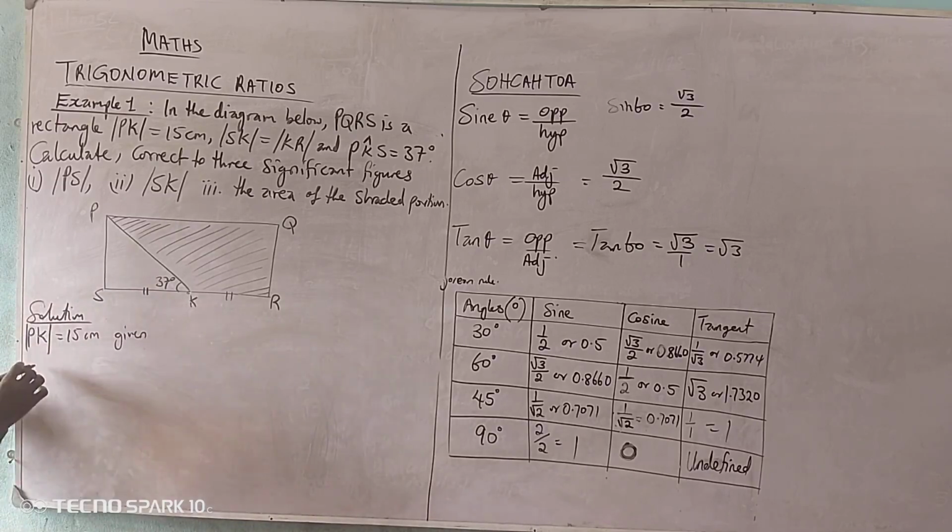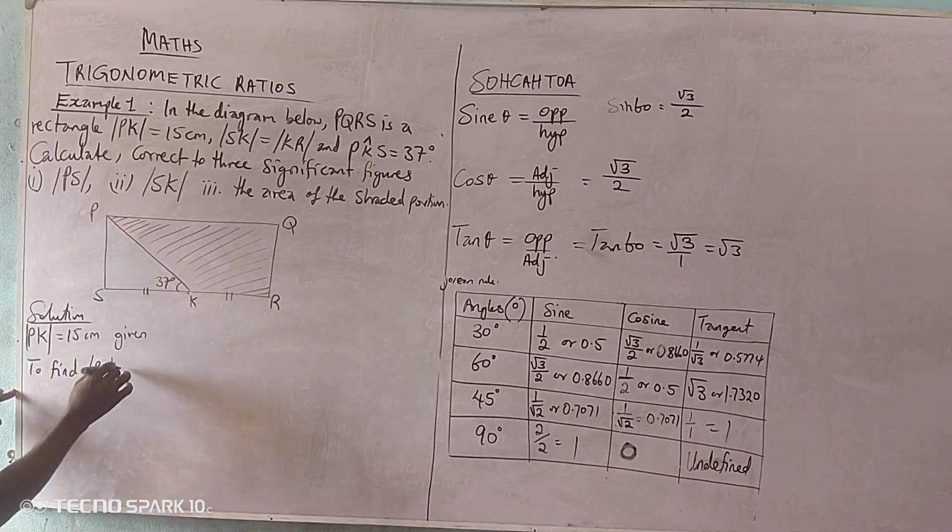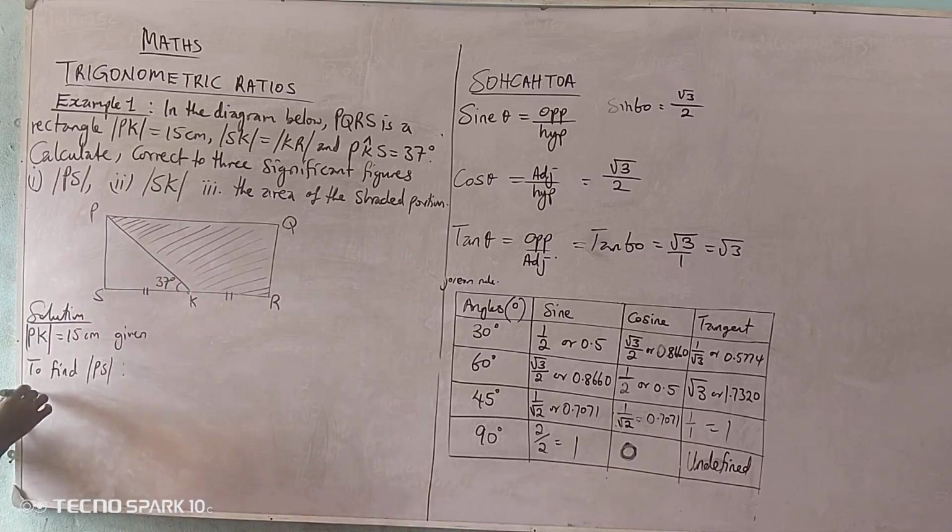To find line PS, we are going to use the sine formula. Sine theta is equal to opposite over hypotenuse.